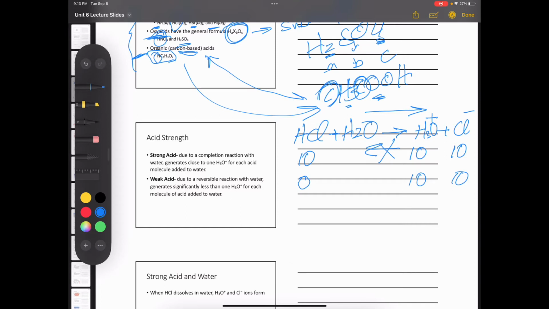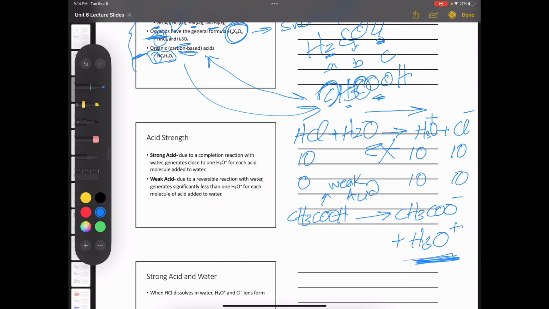In the event when you have a weak acid, something like acetic acid in water, what you will get is acetate plus H3O. But because this is a very weak acid, the number of hydronium ions is very small.